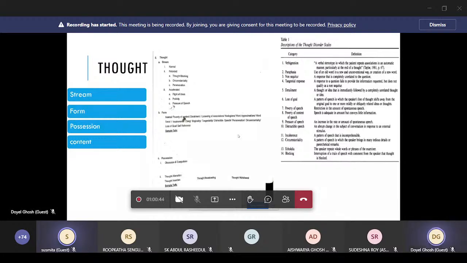And if it is solidified, and it is a false, firm, unshakable belief, then it is delusion. That is the difference between ideas and delusions. And then there can be overvalued ideas. What are overvalued ideas?